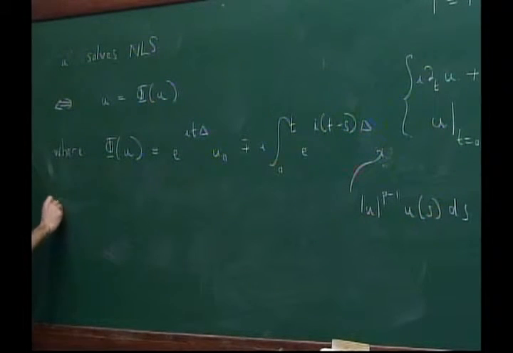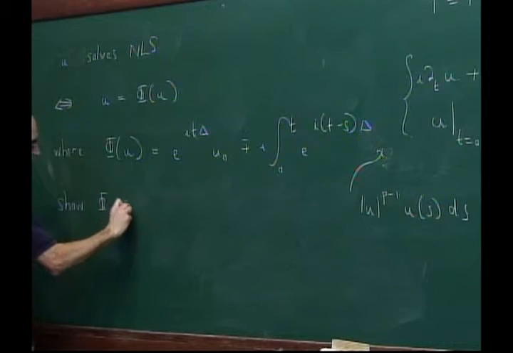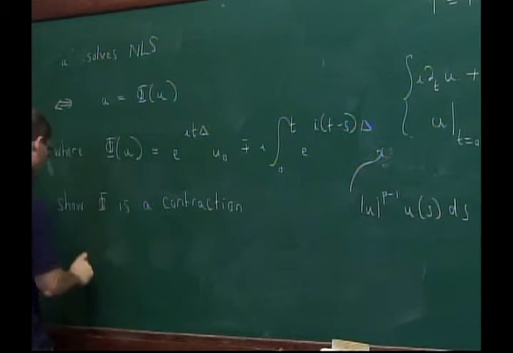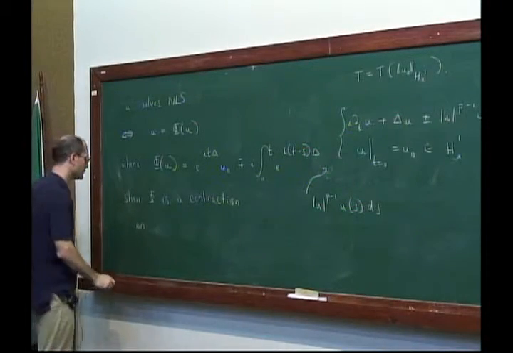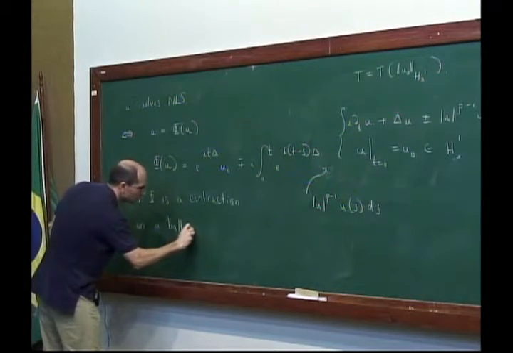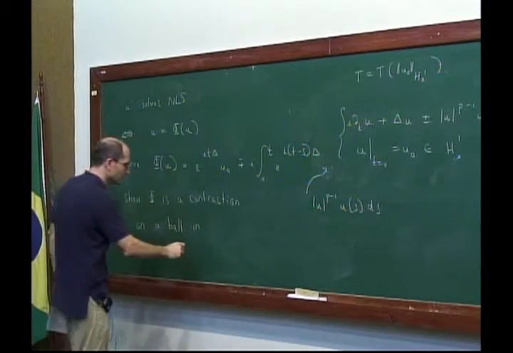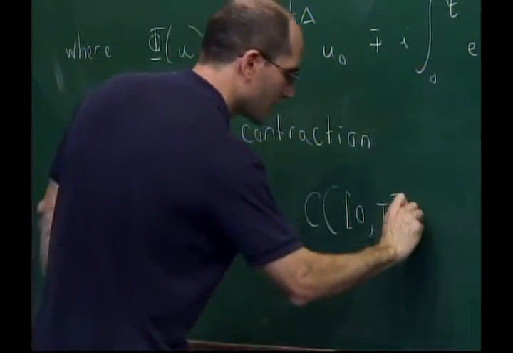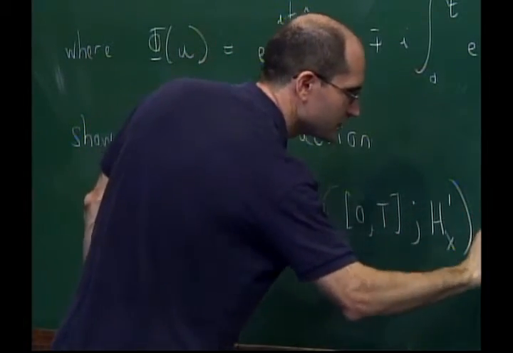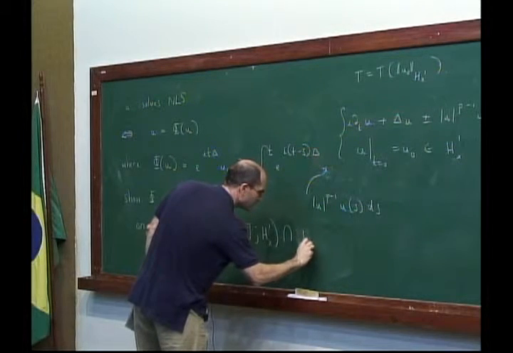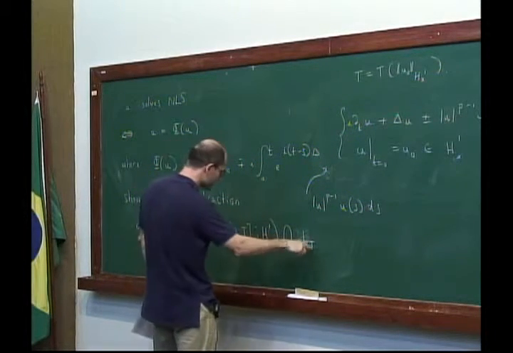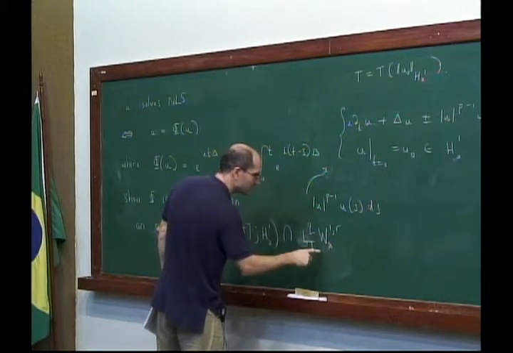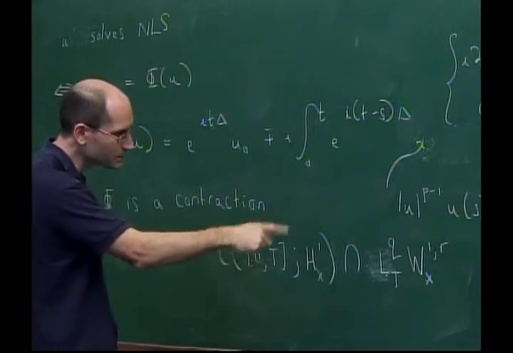So you have to show that phi is a contraction on a ball, and you choose the closed ball in the space intersect W, so LT, by which I mean time integration up to time capital T, LQ, W^{1,R}_x, so that's LXR, but also one derivative in LXR.